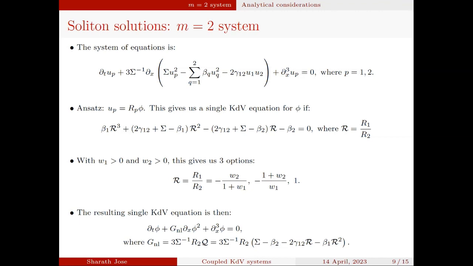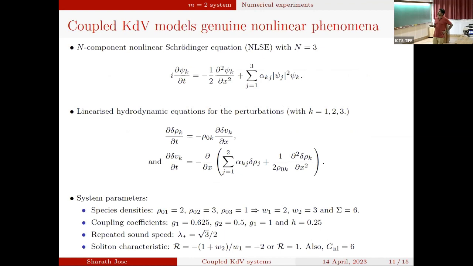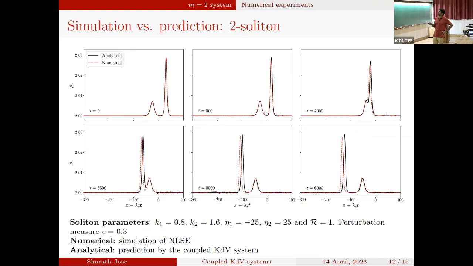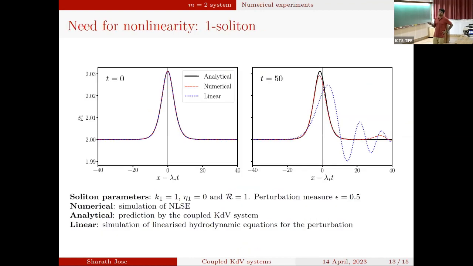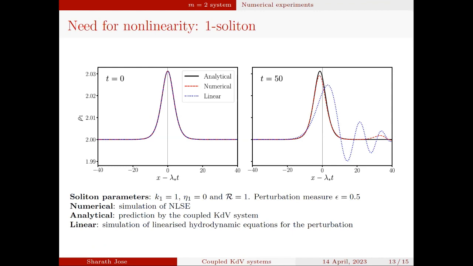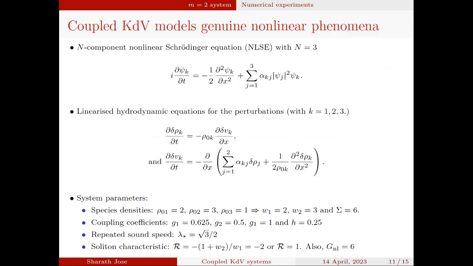But this mapping, if it is satisfied for these choices of R1, R2 and this phi, is an exact mapping, right? That's right, and that is the reason we can see soliton-like behaviors in the simulations as well. But is it exact or approximate? That's why it is not matching after the collision, after the scattering.